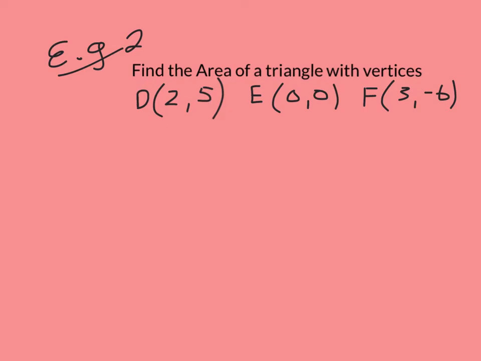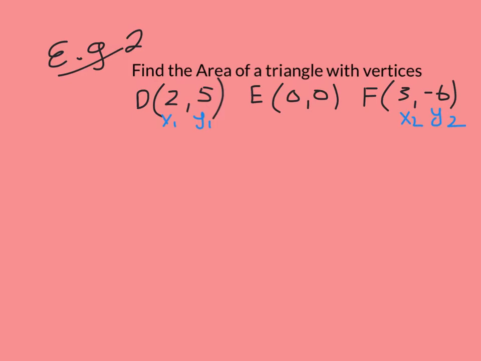Okay, so just another example. The area of a triangle with vertices (2, 5), (0, 0) and (3, -6). One of my vertices is (0, 0), so I can go ahead and label my other points (x1, y1) and (x2, y2).